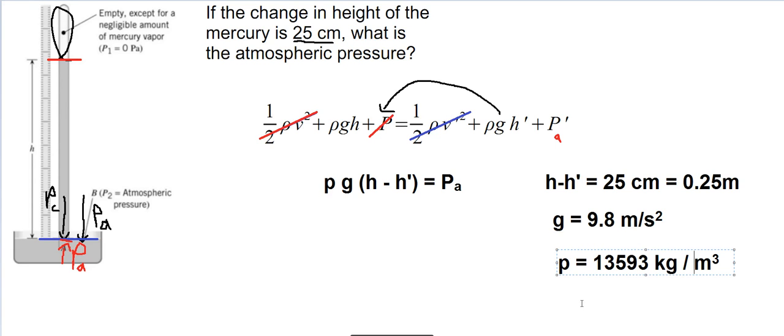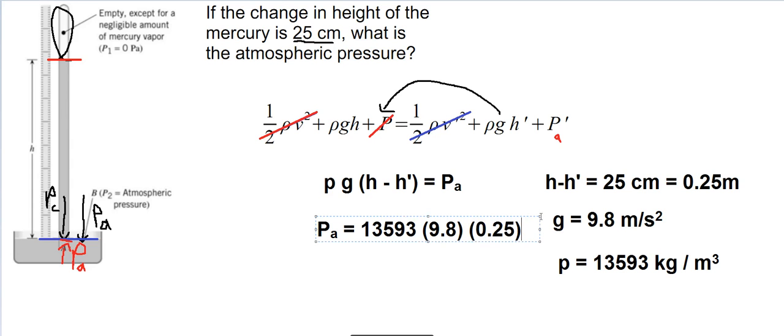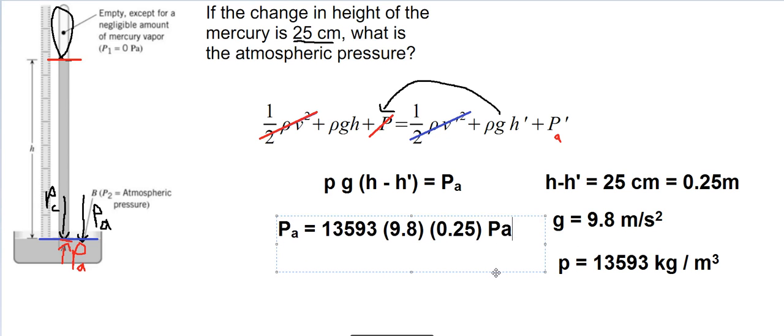So what we can do here is put this all together. For our atmospheric pressure, we're simply going to take our density, multiply it by the acceleration due to gravity, and multiply it by the change in height, all in SI units. And when these are in SI units, we will get the SI unit of pressure, or a Pascal, or a Newton per square meter.